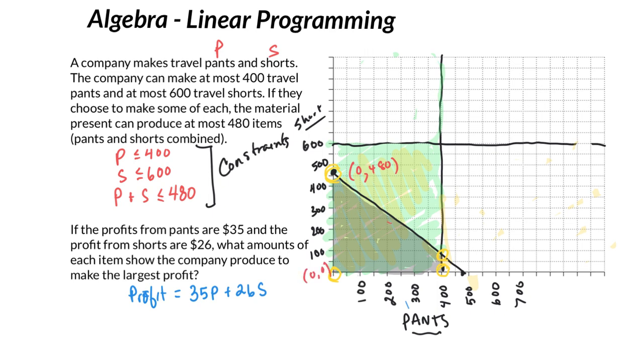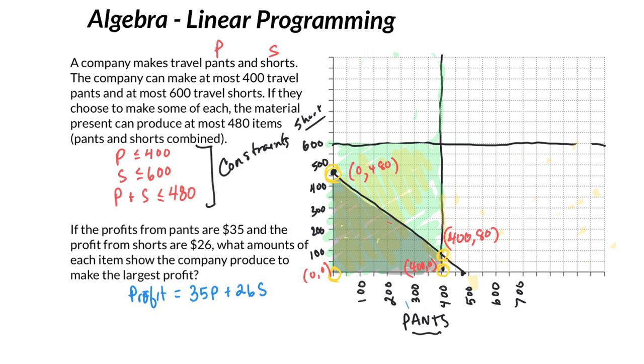If we're trying to maximize our profit, why would we make no items? Okay, down here we have 400 pants and no shorts. Think about that. We're allowed to make 480 items. Why wouldn't we make all 480? Doesn't make any sense. And then up here, 400 pants and 80 shorts.